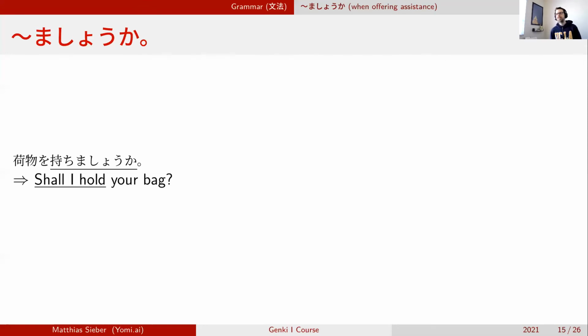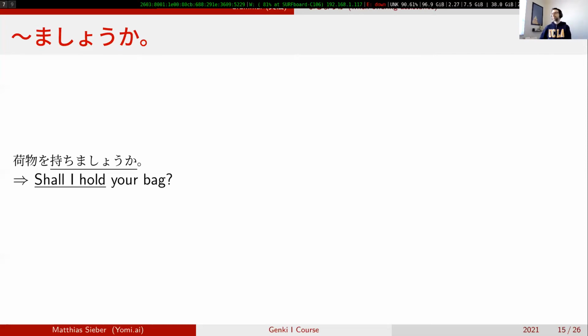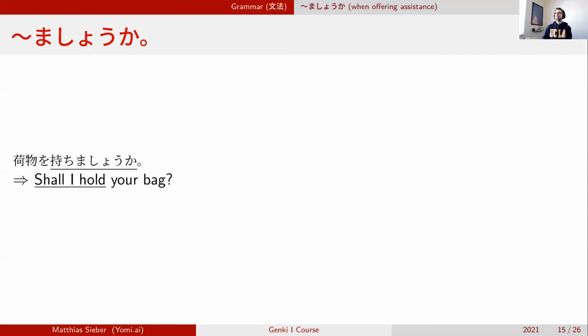So he wants to turn it on. So that's tsukeru. And it's a ru verb, so tsukemasu. So how do you say light?